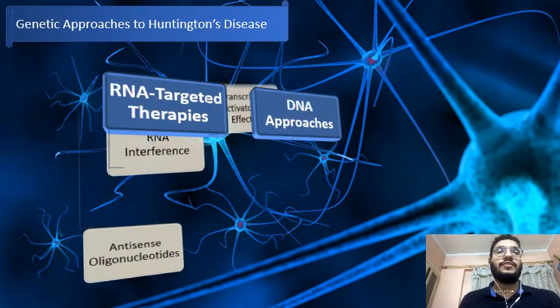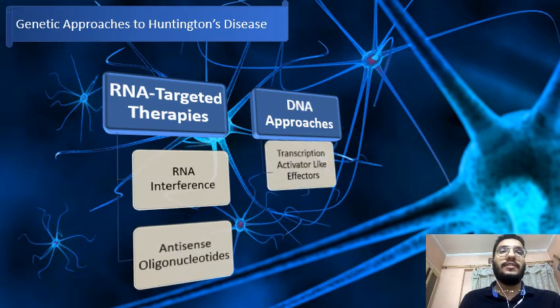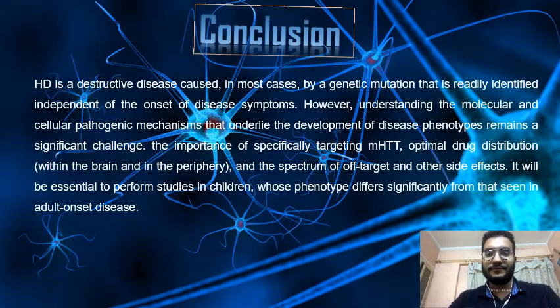Genetic approaches to Huntington disease are divided into DNA approaches and RNA targeted therapies. DNA approaches include transcription activator-like effectors, and RNA targeted therapies include RNA interference, like small interfering RNA, short hairpin RNA and microRNA, and antisense oligonucleotides.